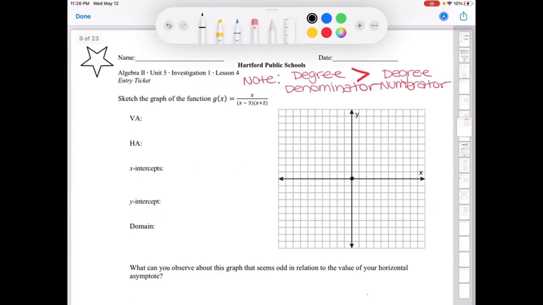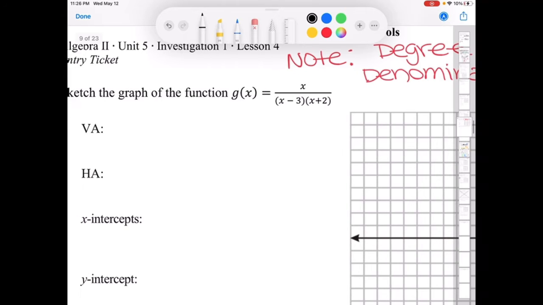Moving on to page 47, we're doing the entry ticket for lesson 4. Notice that we're working with yet another function that has a denominator with a degree higher than the numerator degree. The first thing I want to do is solve for my vertical asymptotes. Whatever values x cannot equal have to be my asymptotes. So if x minus 3, what value would make that 0?